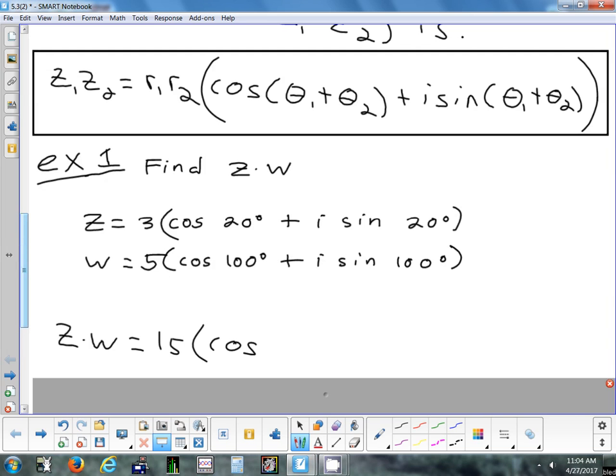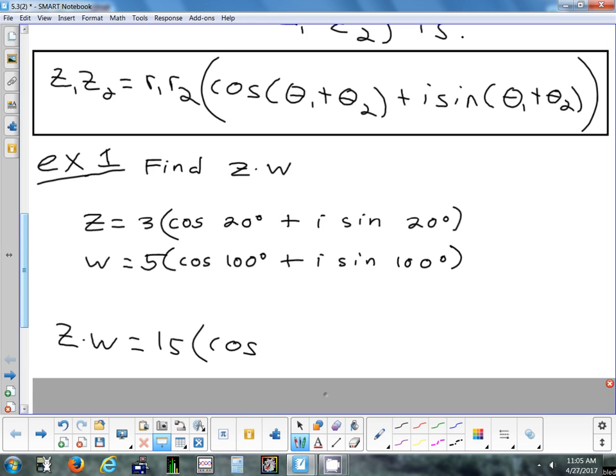Okay, the last thing we have to do is find the angle. So we look at the formula, and if we use the formula, what will the angle be in the final answer? Jamal? No, not 2,000. Mercedes? 120.